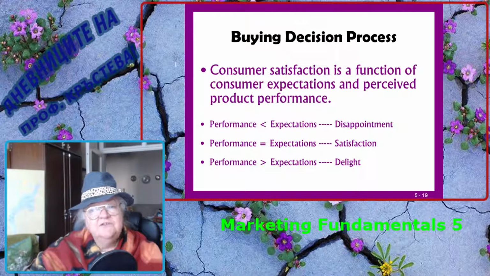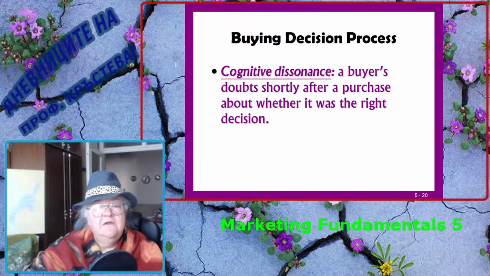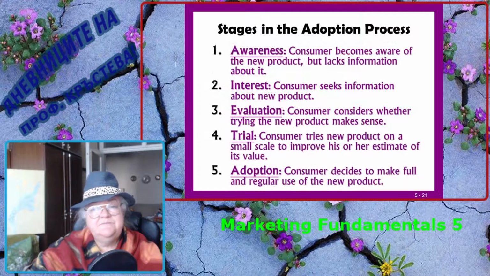Consumer satisfaction is a function of consumer expectations and perceived product performance. If the performance is less than expectations, we have a disappointment. If performance equals expectations, we have satisfaction. And if performance is higher than expectations, we are delighted. Cognitive dissonance means a buyer's doubts shortly after a purchase about whether it was the right decision.